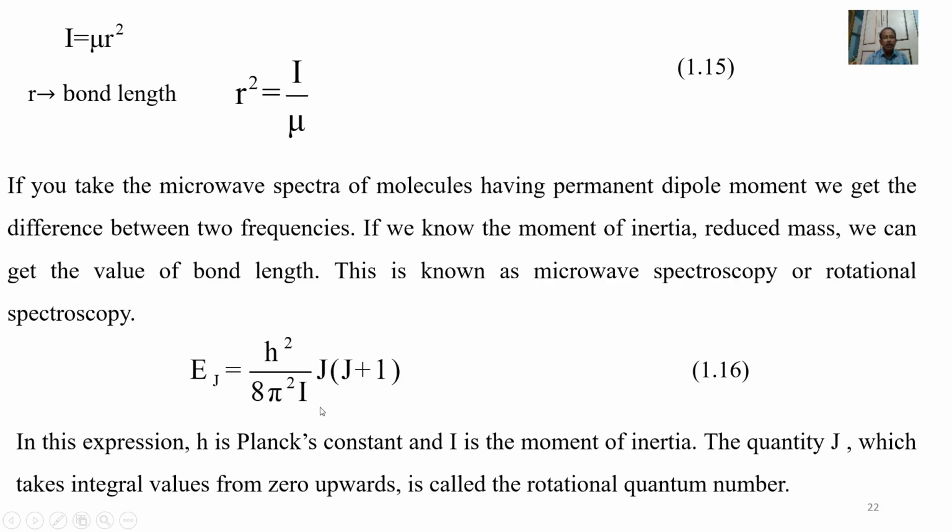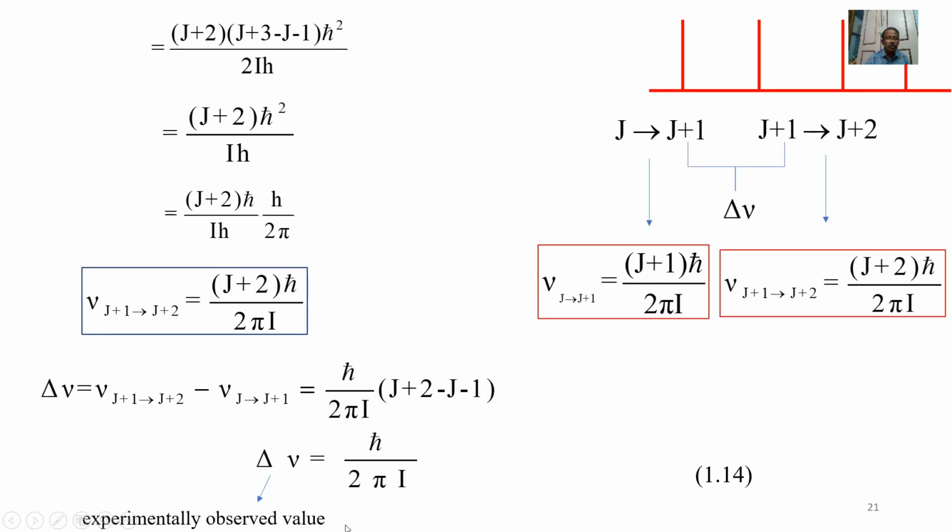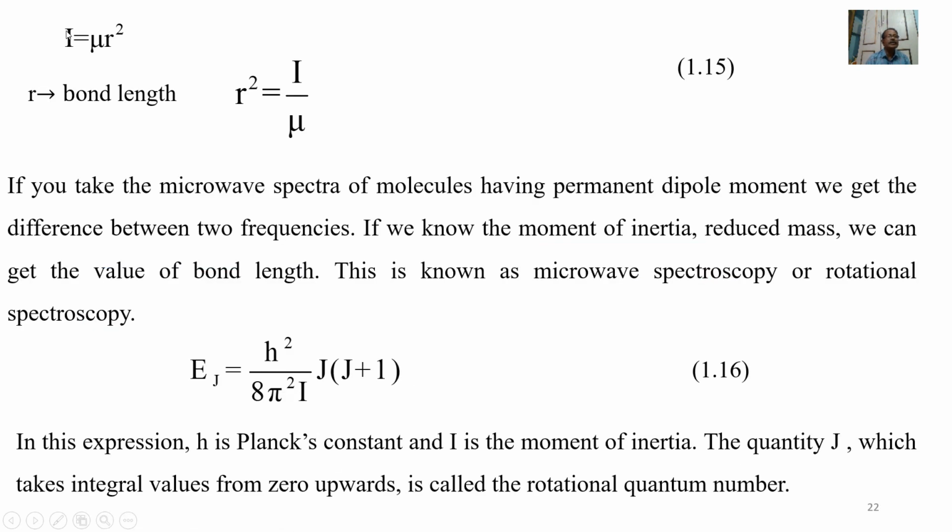So this is the experimentally observed value. And what is the use? If I know this value, I can get the value of moment of inertia I. And of course, I know the expression for reduced mass, which is m1 m2 divided by m1 plus m2.